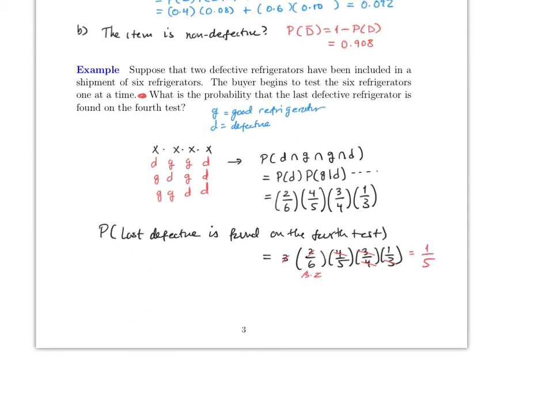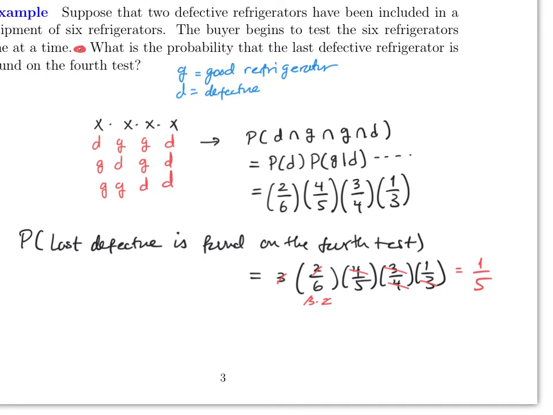Now it may be easier if you label this slightly different and say, okay, the 1 stands for the first test, 2 for the second test, 3 for the third test, and so forth. So this could make the notation a little easier, but it's not necessary. And this is what I mean. This will be the probability that the first test is defective, second one is good, third one is good, fourth is defective.